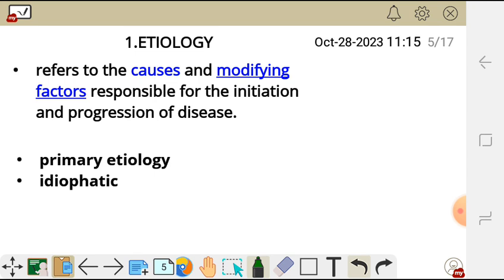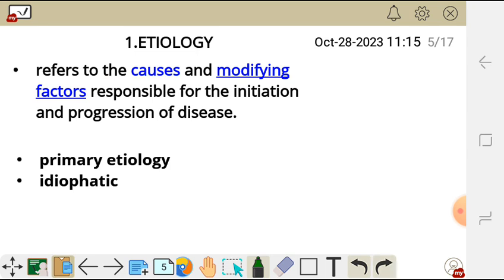So the term etiology simply refers to the cause or the causes and modifying factors which are responsible for the initiation and progression of a disease. So when you look at this term etiology, what should come into your mind is the cause of a disease.